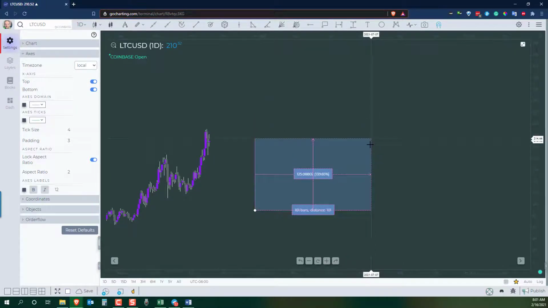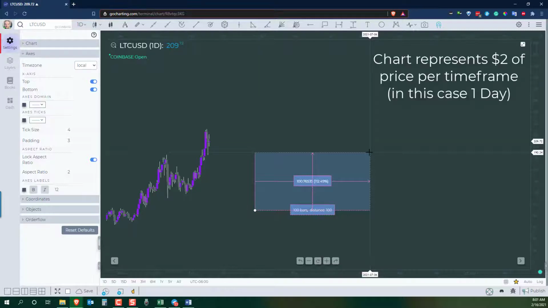So roughly right there. Now, is that square? No, because our ratio is 2 to 1. That means that for every day, it's $2 in price. So this is actually a half square.